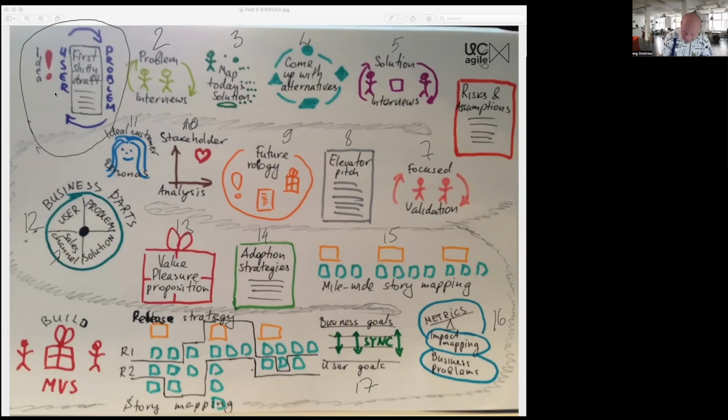And step 18 is release strategy. So, okay, let's figure out what is the minimum viable product. Like, how little can I do in order to prove that I have something in my hands that my customers are willing to buy. And this leads us to this last step 19, where we say, okay, let's build this minimum viable solution.